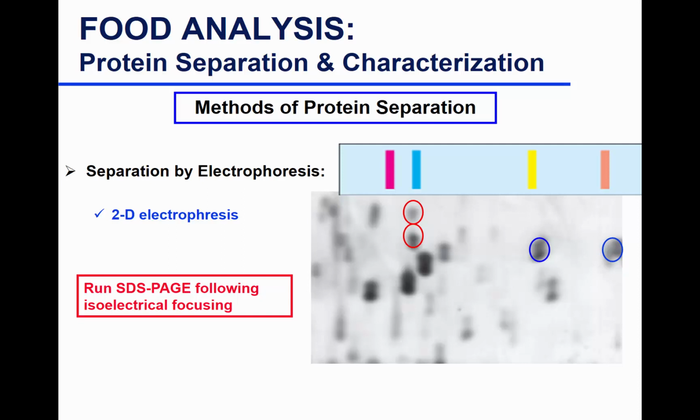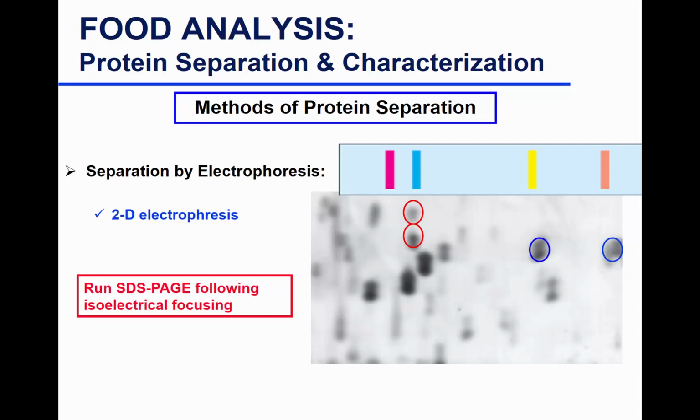So if you see here the blue one, for example, the blue band, in that region we got 2 proteins. This means this band was not pure. We had 2 different proteins at different molecular weight because one is larger than the other. Here they separated really well based on their isoelectric point.